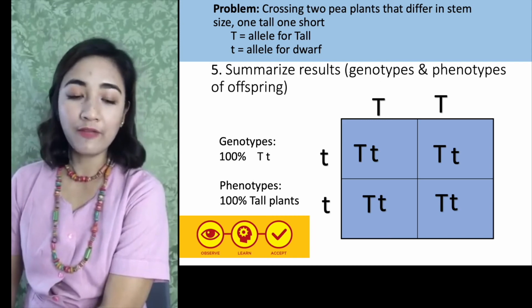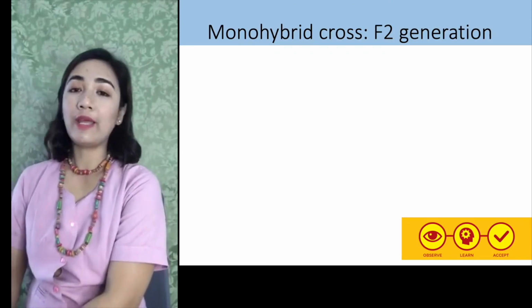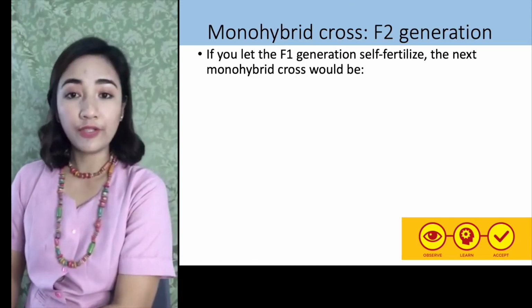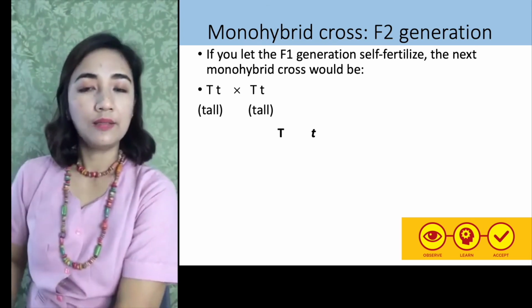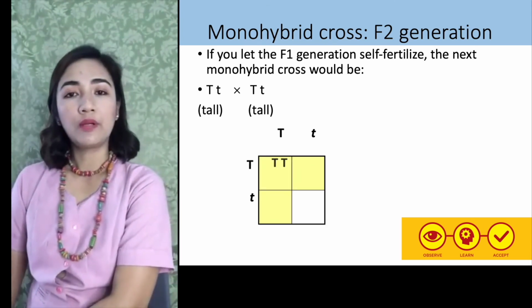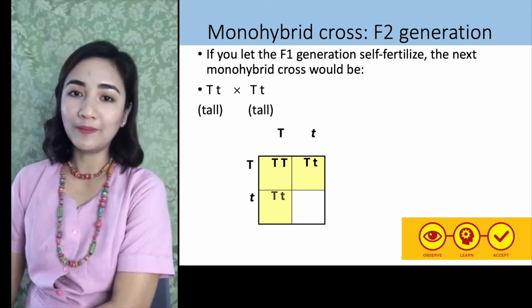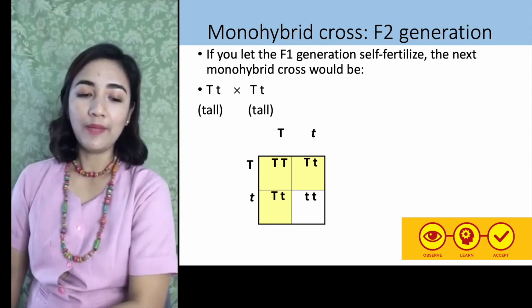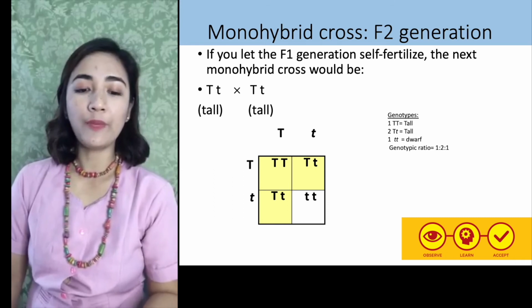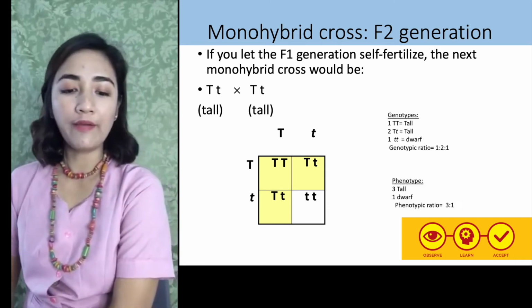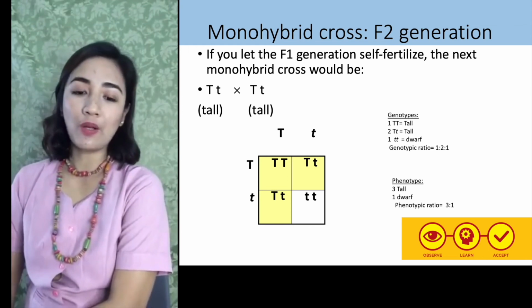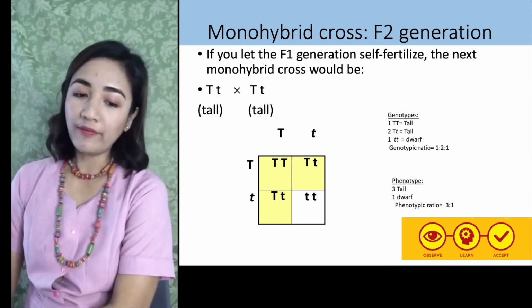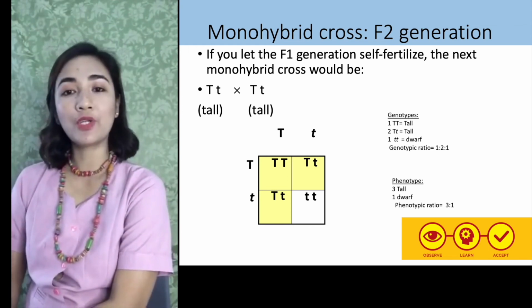However, in the second filial generation, if you let the F1 generation self-fertilize, the next monohybrid cross would be heterozygous tall crossed with heterozygous tall.